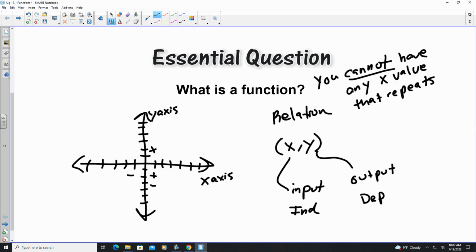That's essentially what that means. For every input, there's exactly one output. So there's no repeats in the x value, or no repeats in the input, or no repeats in the independent variable.